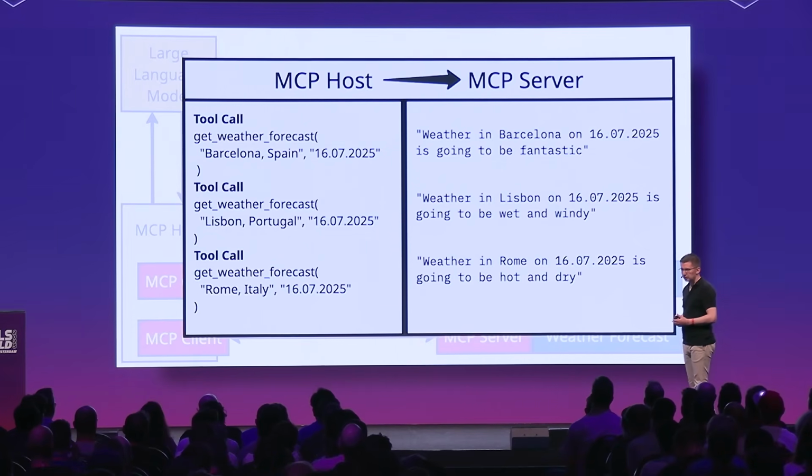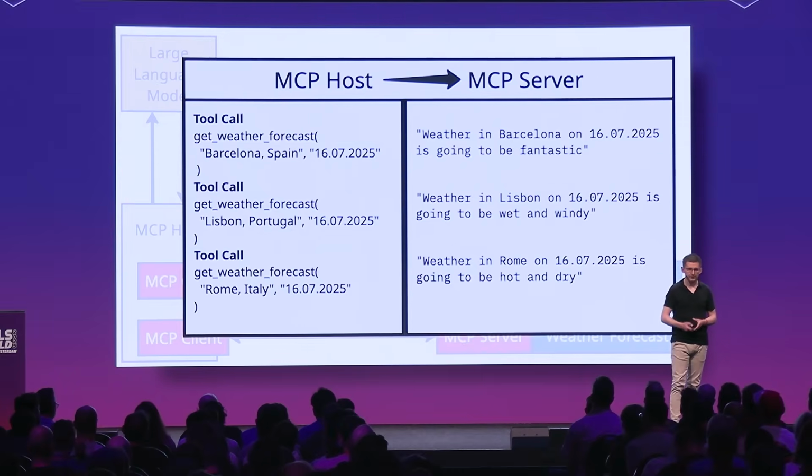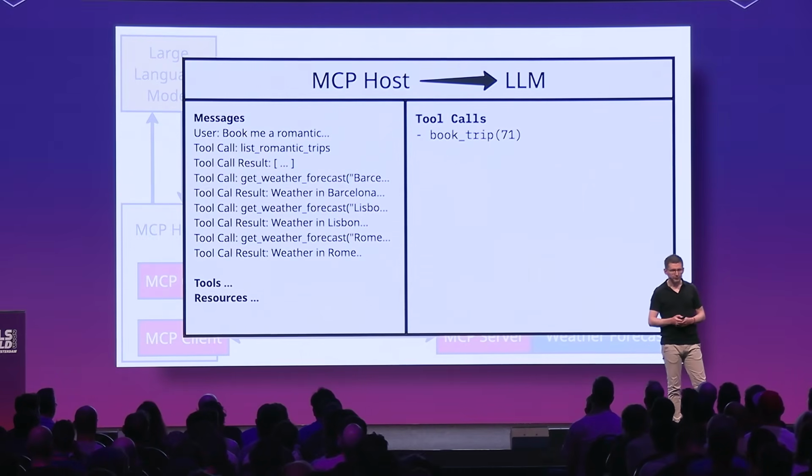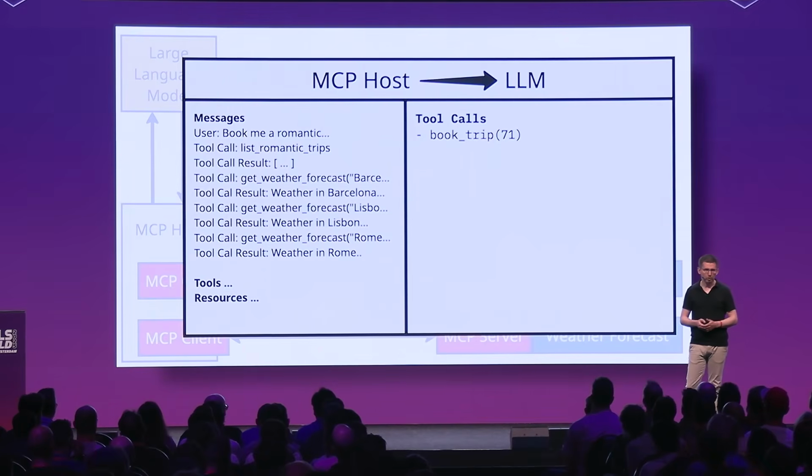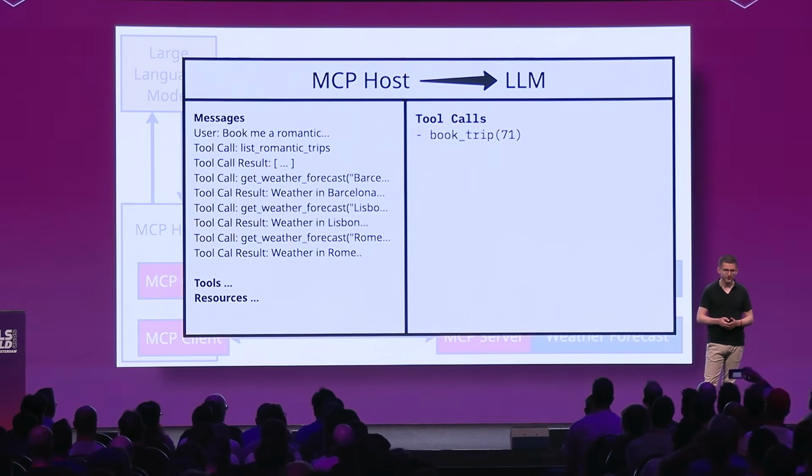So the MCP host asks the MCP server 3 times for the weather forecast. Having this information, the initial prompt, the list of the trips, and the weather forecast, we send it once again to the LLM, and finally, the LLM answers with a tool call for booking an actual trip to Barcelona.